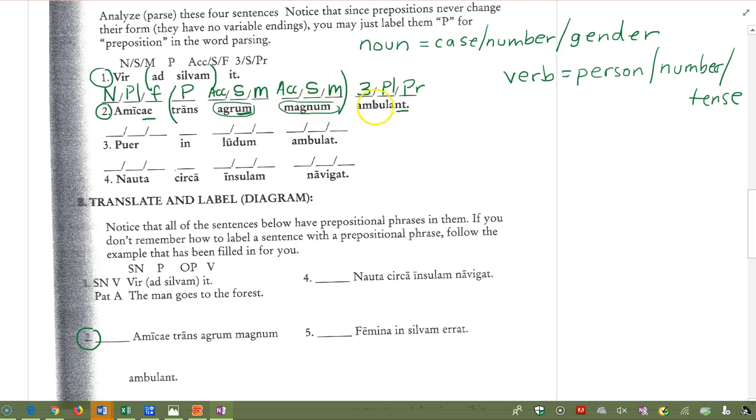It's pretty easy. So let's see what it means. We don't have to write out what it means. We were just parsing them, but let's see what it means. Amici, the friends, ambulant, walk across the great field or the large field. Pretty cool. We're getting more complex sentences.